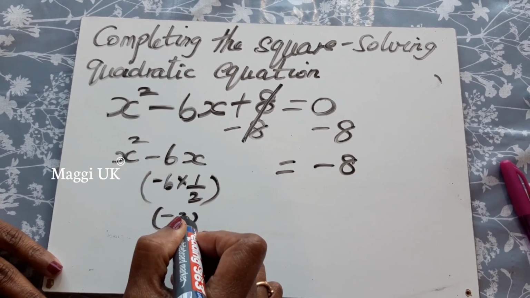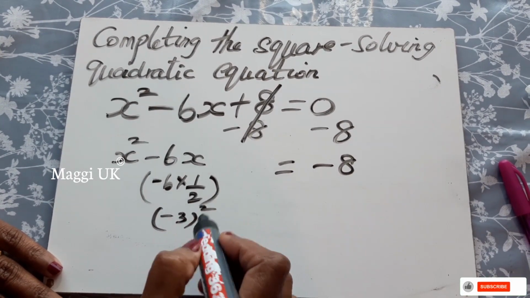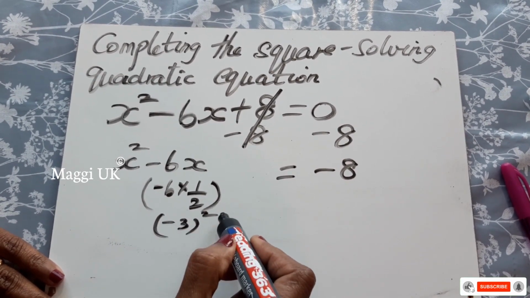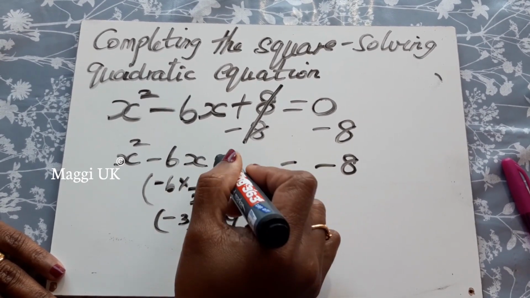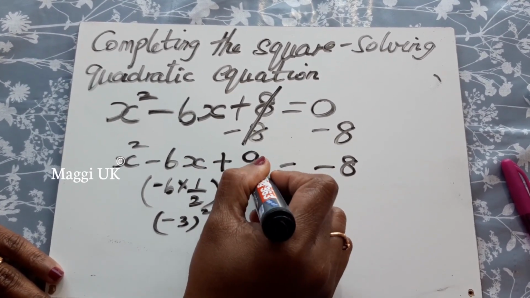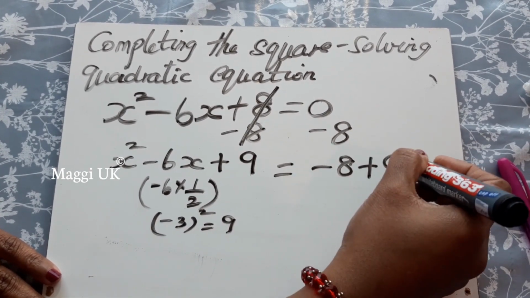When you have minus 3, we are going to square that one. Minus 3 squared will give you 9. So that's what is going to come here, which is plus 9. The same plus 9, you're going to add to the other side.